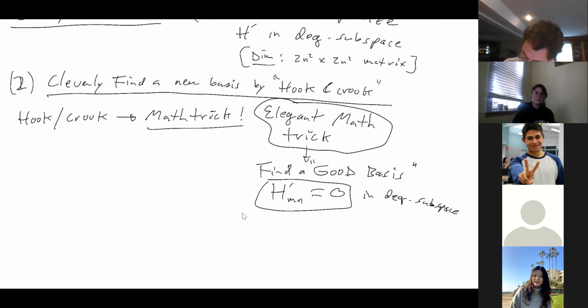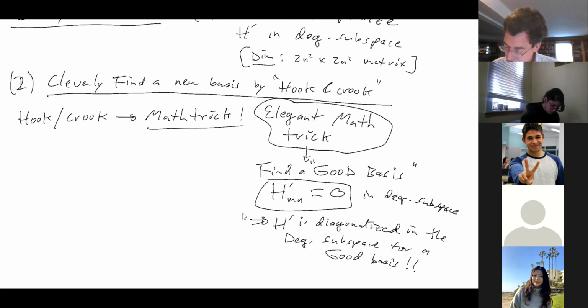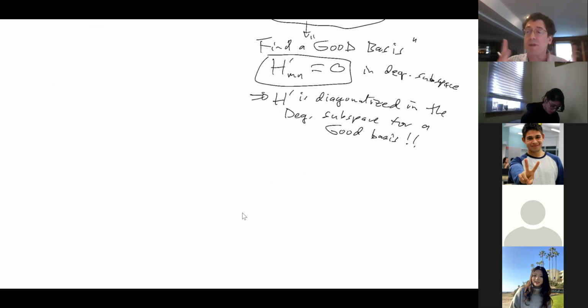What that means is that H prime is diagonalized in the degenerate subspace for a good basis. That's another way of saying it: if all the off-diagonal matrix elements are 0, you only have diagonal ones left, and that's what diagonalized means.